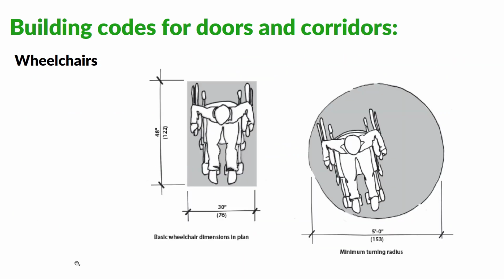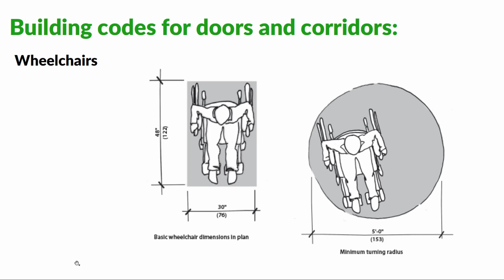So to just start out with, what does all of that mean to me as an interior designer? What we can start out with are some very basic codes and things to start paying attention to. And first is clearances needed for wheelchairs, though that's a really big area of concern.